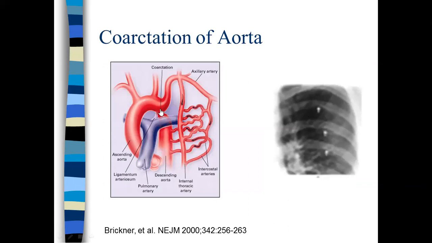This is due to the anastomosis that developed between before and after the coarctation. As you can see here, that's the left subclavian and this internal thoracic artery, and these are the subcostal arteries down to the descending aorta. This is the way they escape through this coarctation.